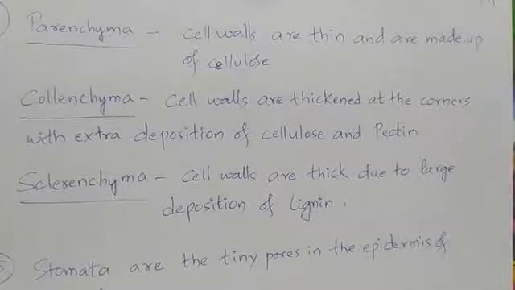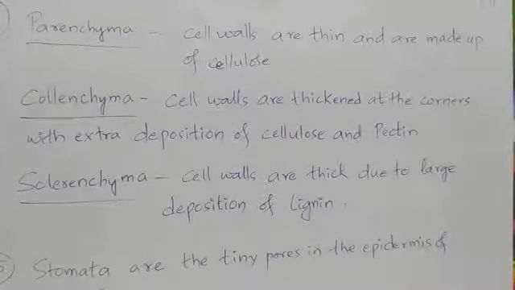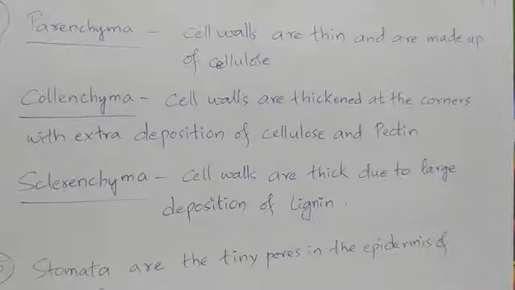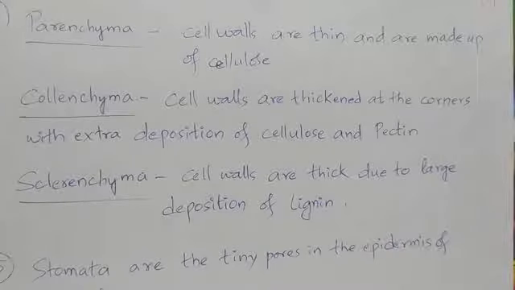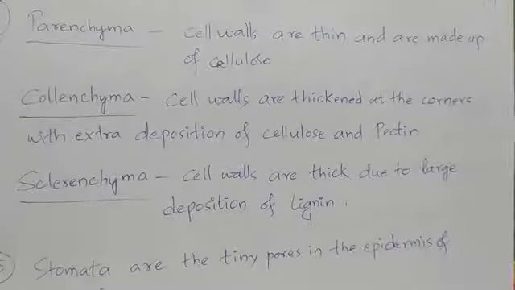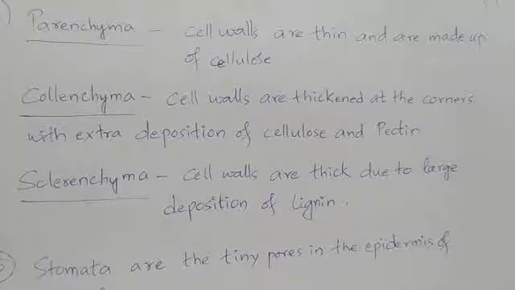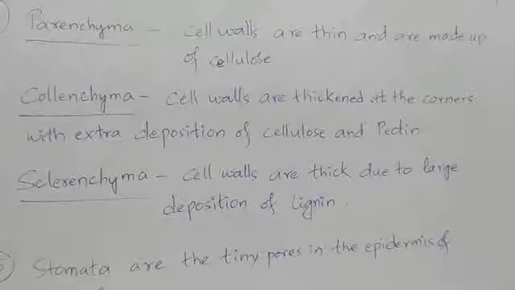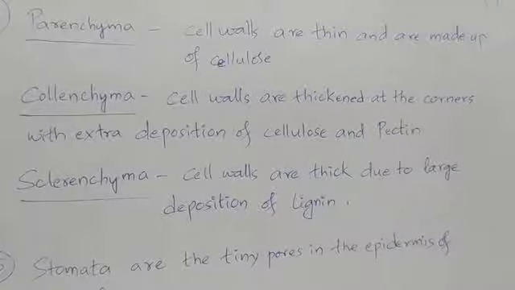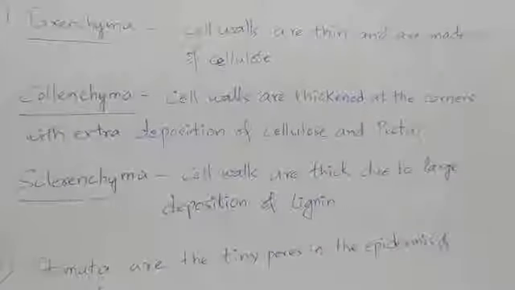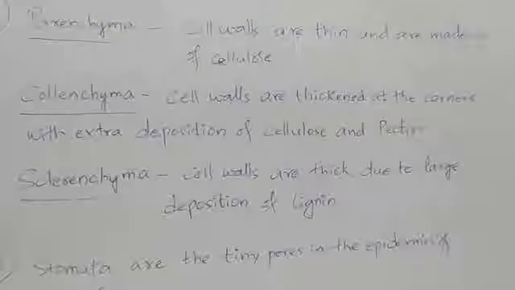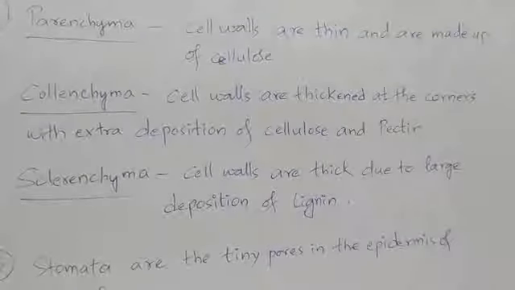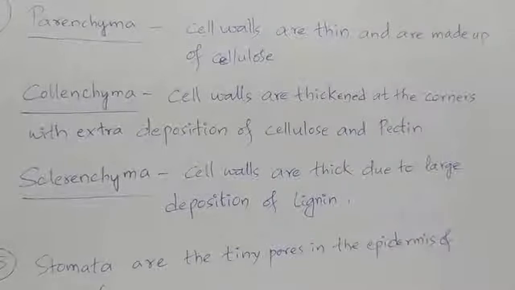Parenchyma cell walls are thin and are made up of only one type of polysaccharide, that is cellulose. They are all even, means all corners are even in parenchyma. The corners of the cell walls, all of them are in even size and they are thin generally.